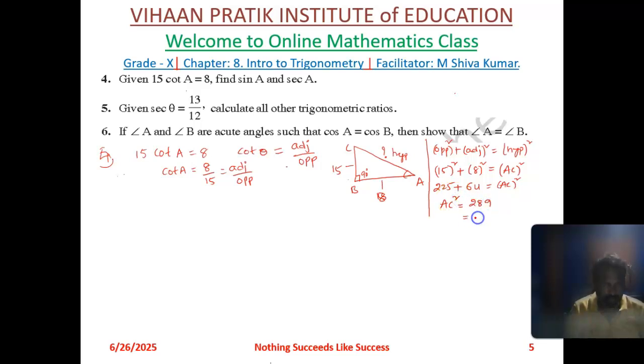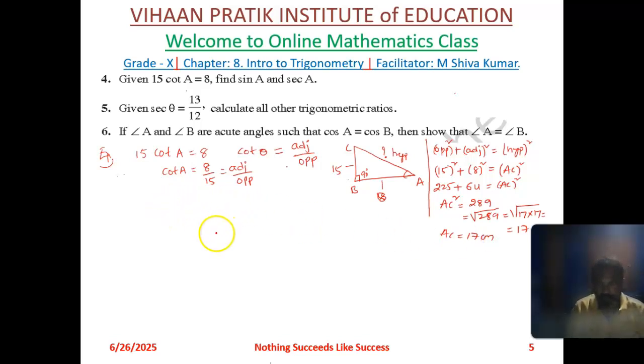Now when we remove the square, we get root 289, which equals root of 17 into 17, which equals 17 centimeter. So the value of AC is 17 centimeter.